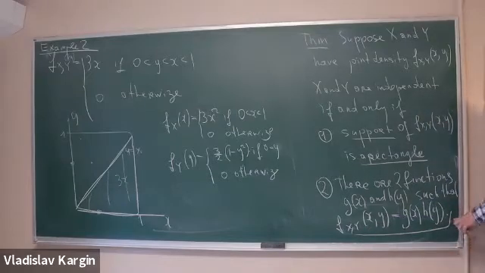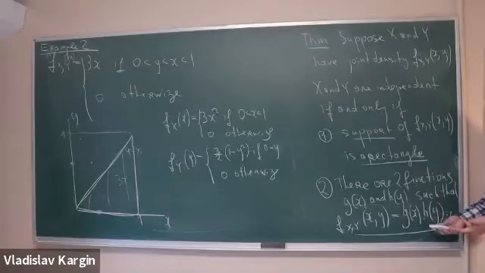Now, this last condition looks very much like a definition, right? The definition says that the joint density is a product of the two marginal densities. One marginal density is a function of x, another marginal density is a function of y.